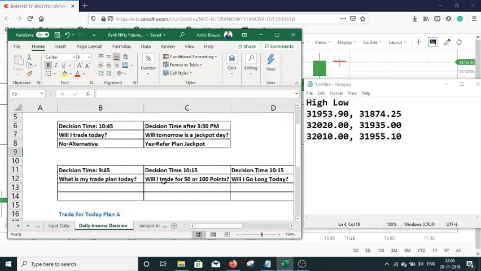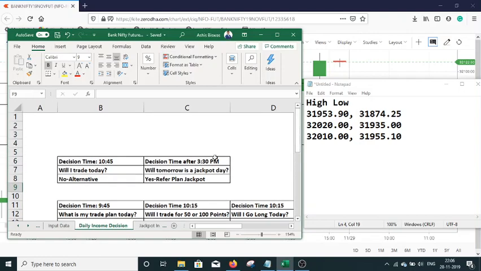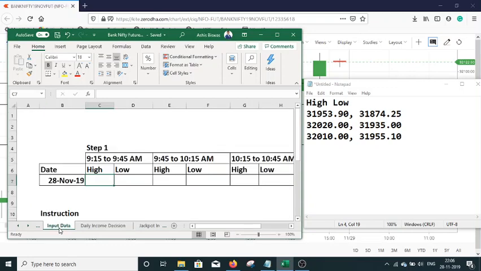As you can see, nothing is there now. As soon as we put the data, we should expect some level to appear there.